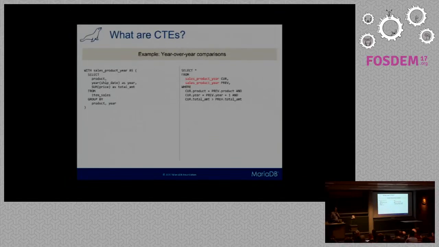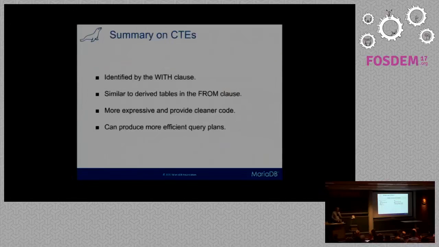And then we can just join this table with itself. See here that we are referencing the common table twice. And this will give you all the products which have performed better than the previous year, based on the amount of sales. Doing this without common table expressions would either require you to use a view or to define the derived table twice, which is not scalable.